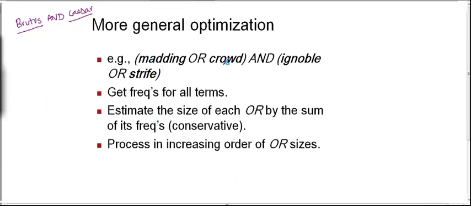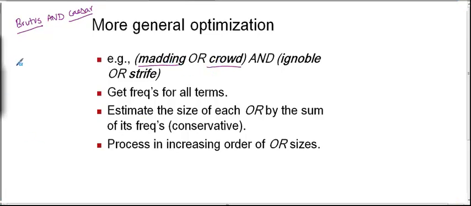Now, when we have an OR term, the length of the answer is going to be the length of this list plus the length of this list minus the number of elements that are common to both these lists.